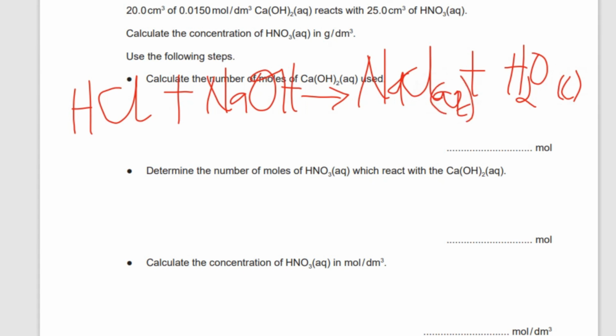Sodium chloride, because all sodium salts are soluble, so it's going to dissolve in water. Sodium hydroxide dissolves in water. Okay, we said hydroxides of group 1 metals are soluble, they are called alkali. We've mentioned that before.